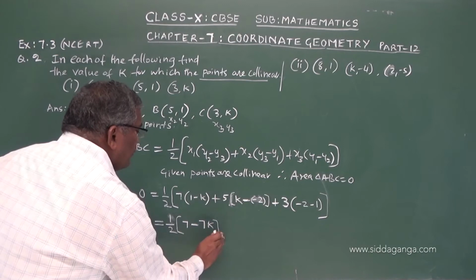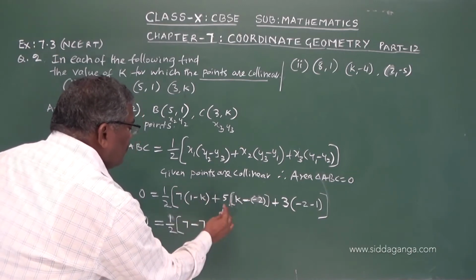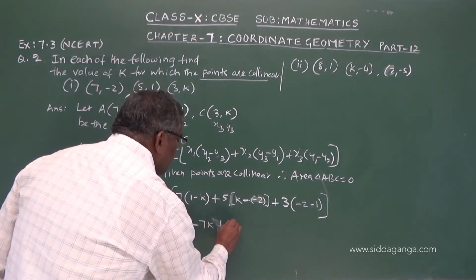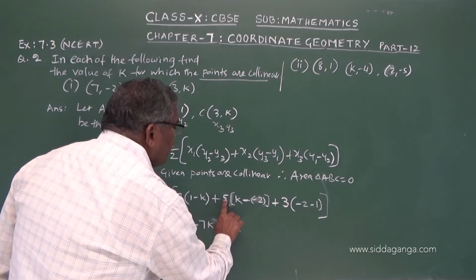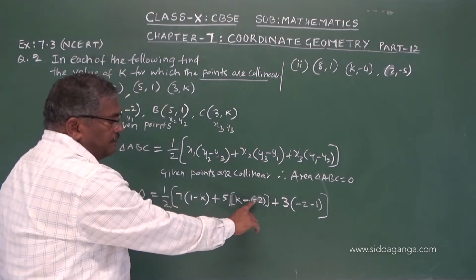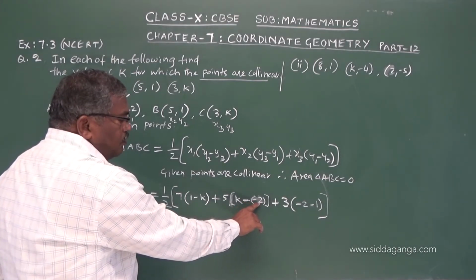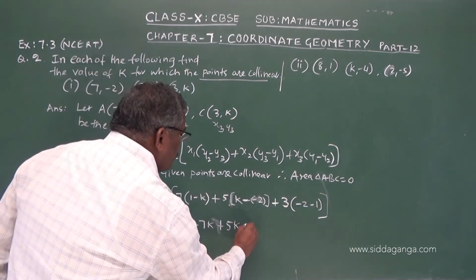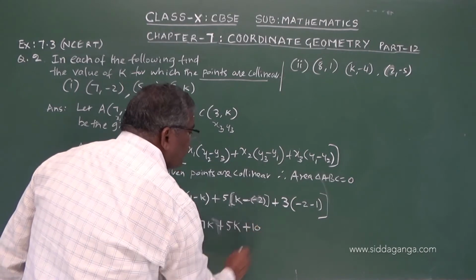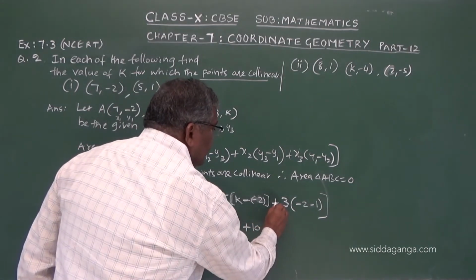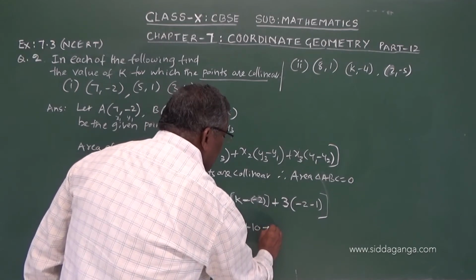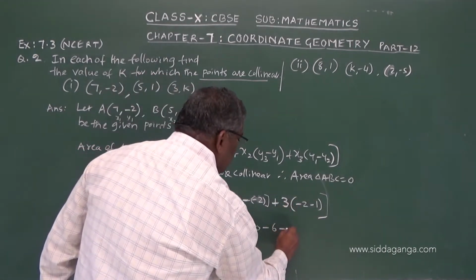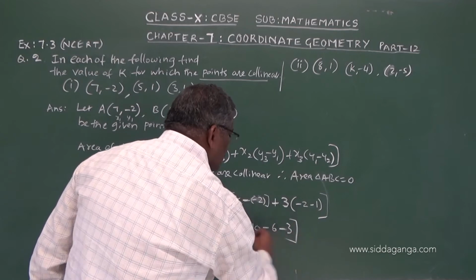Plus 5 into k is 5k. Minus into minus is plus, so plus 5 into 2, which is 10. Plus 3 into minus 2, that is minus 6, and 3 into minus 1 is minus 3. So this completes.